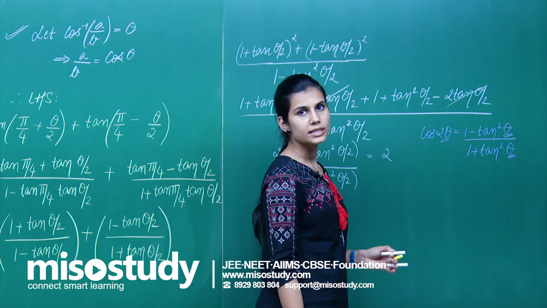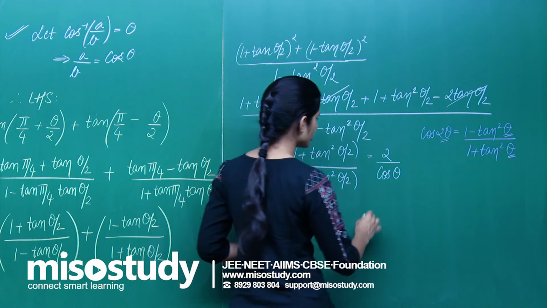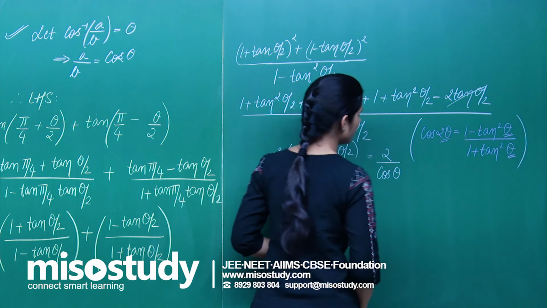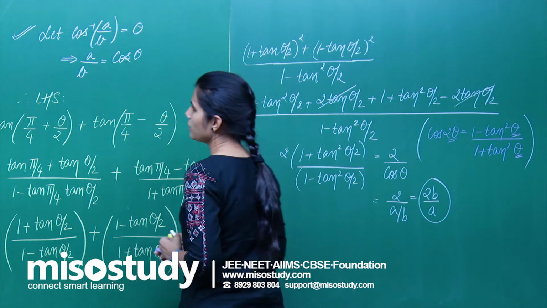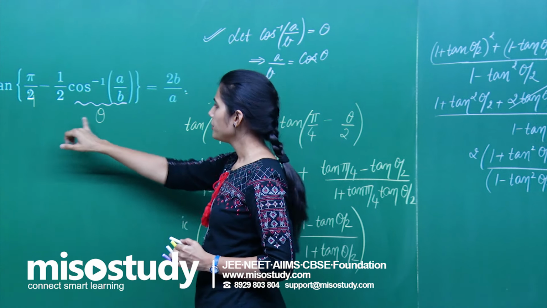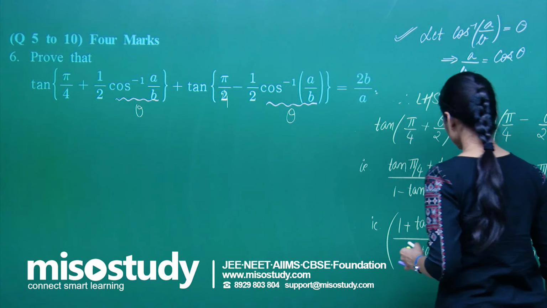So my answer will be 1 upon cos theta. So 2 is already there, 2 into 1 upon cos theta, which is 2 upon cos theta, using this particular formula. 2 upon cos theta, but cos theta is what? Let's see, cos theta was given as a by b, so this is a by b, which is 2b by a. We began with the left hand side by bringing in this manipulation in picture, and we proved it to be equal to the right hand side.